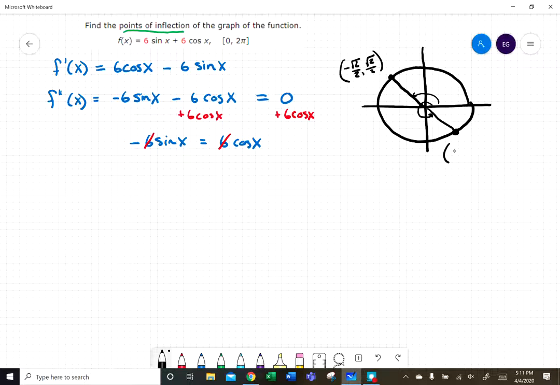That would be a positive root 2 over 2 and a negative root 2 over 2. Okay, so the equation f double prime of x equals 0 has two solutions. x equals 3 pi over 4 and x equals 7 pi over 4.